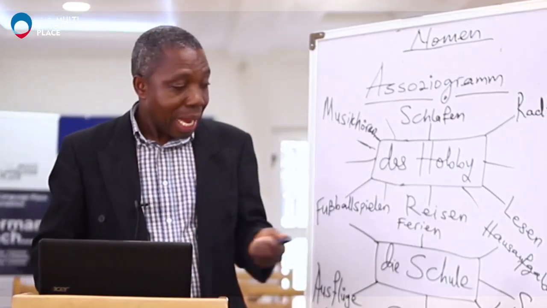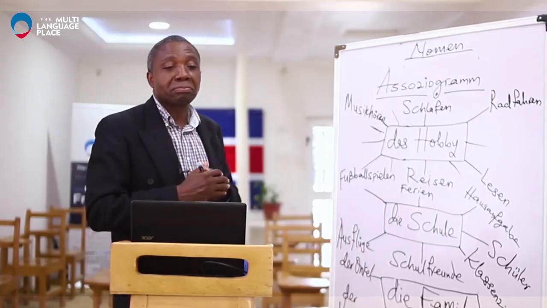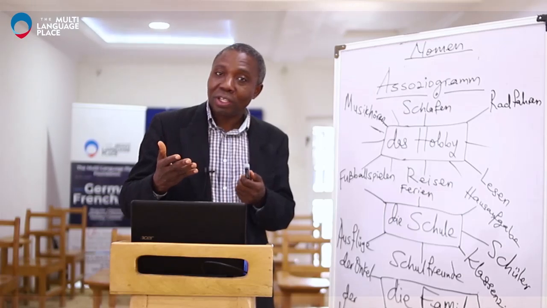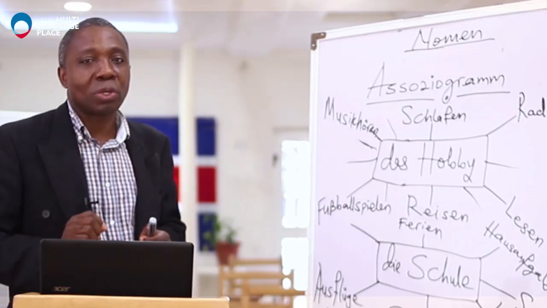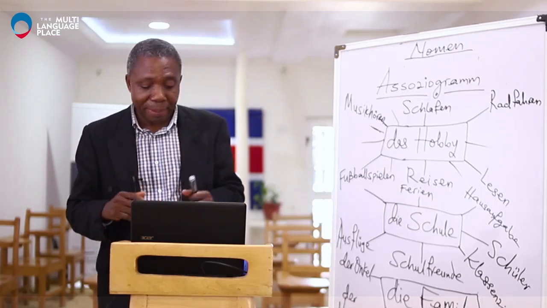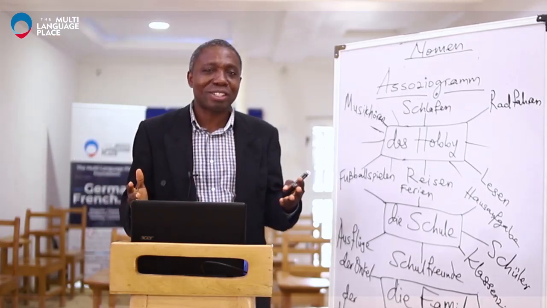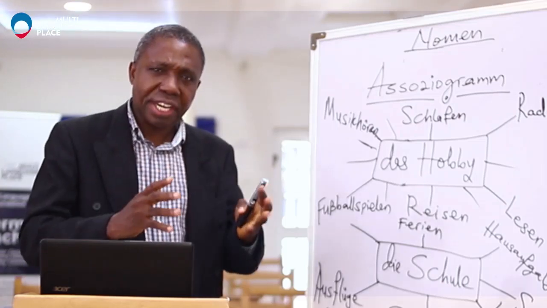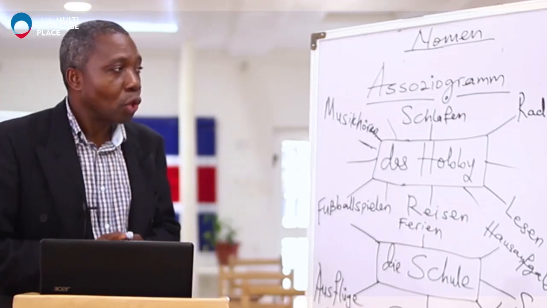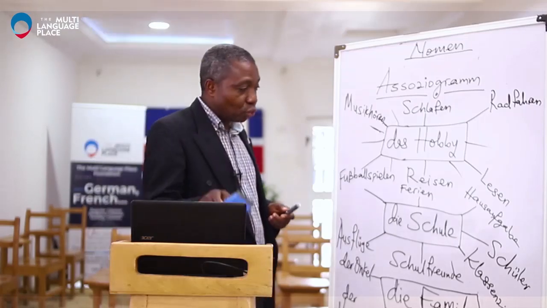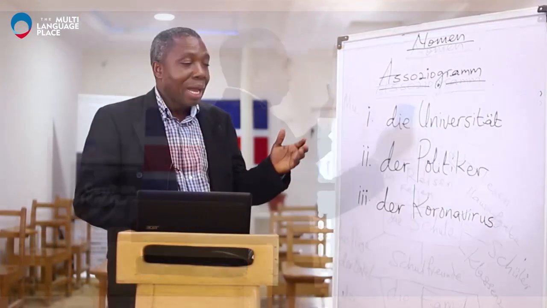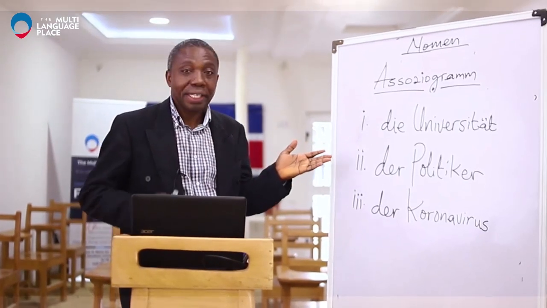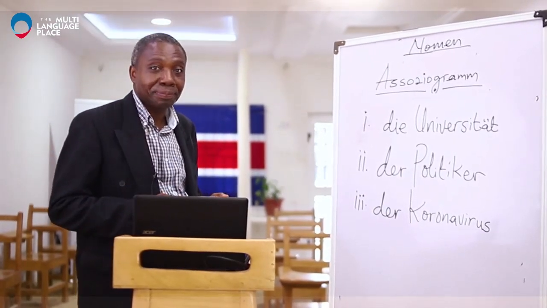Okay? And I will just give you 2 words as your homework. You will get the association for these words. Look for as many words as you can that you can associate with this word. I said 2 before, but it's better I give you 3.